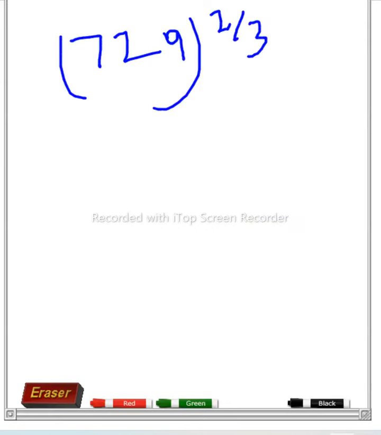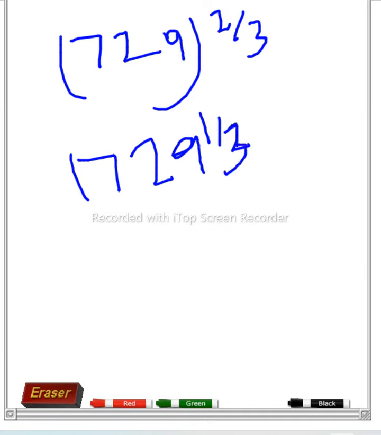This means 729 to the power of 1 over 3, again to the power of 2.